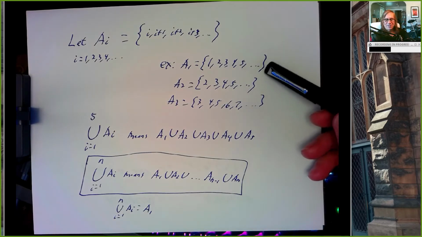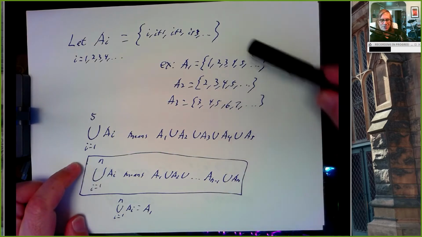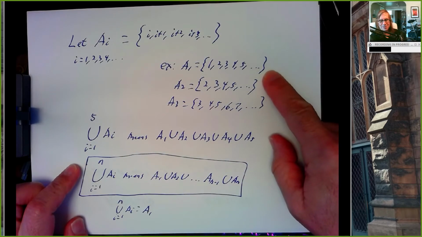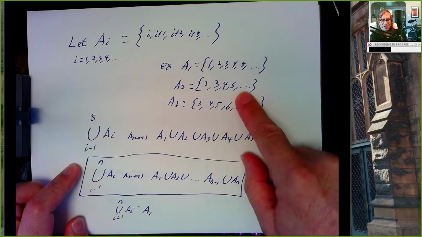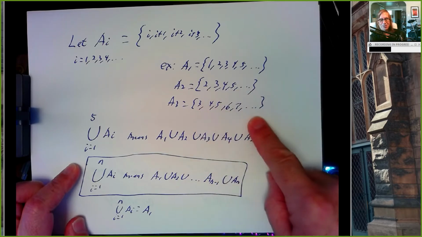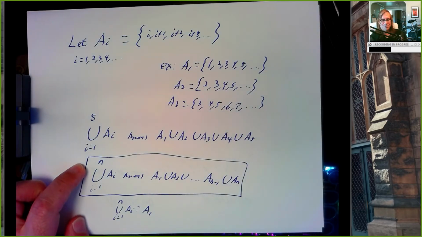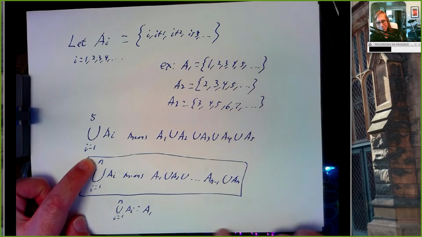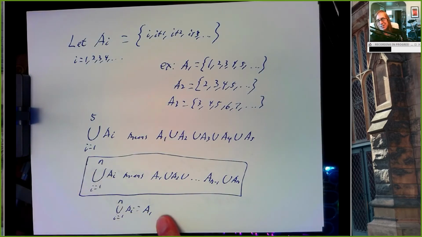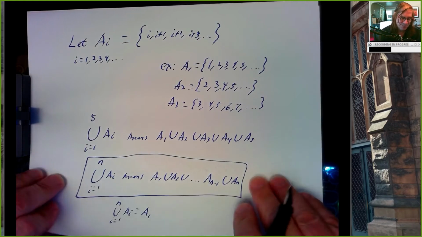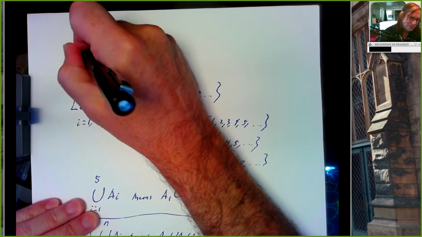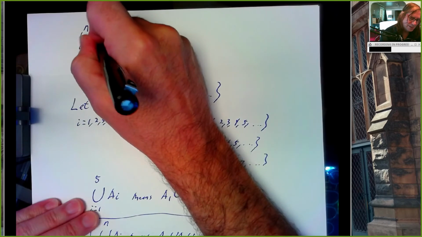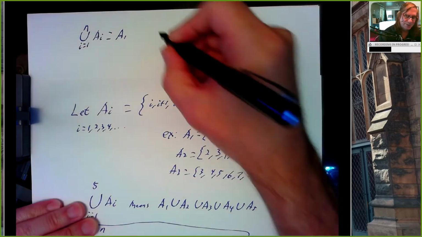Yeah, if we look at the first few of these sets, the union from 1 to n means I'm going to start with A1, which is all my positives, and then I'm going to add to that all the positives bigger than or equal to 2, and then all the positives bigger than or equal to 3, and it doesn't really matter what my value of n is, because each of these things is a subset of A1. So when I take this union, I'm just going to end up with A1. So yeah, I'll buy that answer. So I'll say union from I equals 1 to n of A sub I equals A1. All right, what about the intersection?